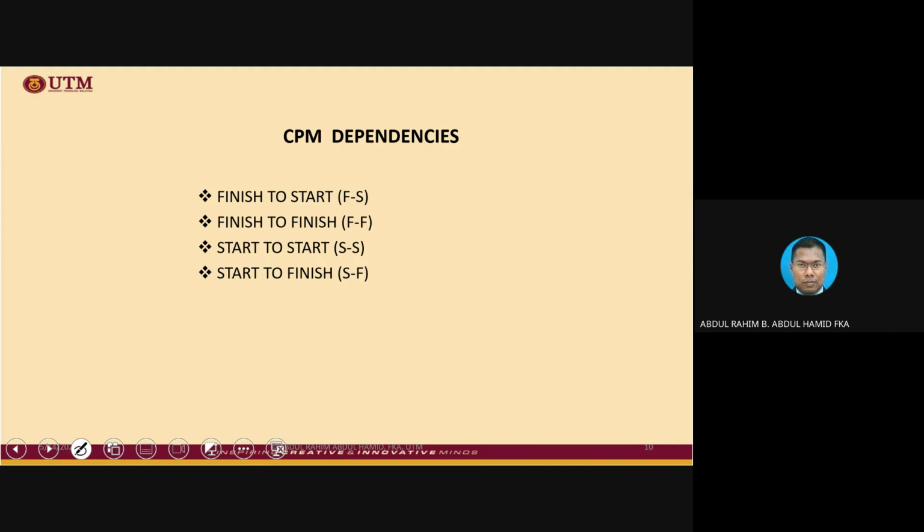These are the typical relationships that we use for the PDM diagram. Remember, finish to start we use in the AOA diagram only. And actually, when AON was invented, AON also used the finish to start relationship initially.